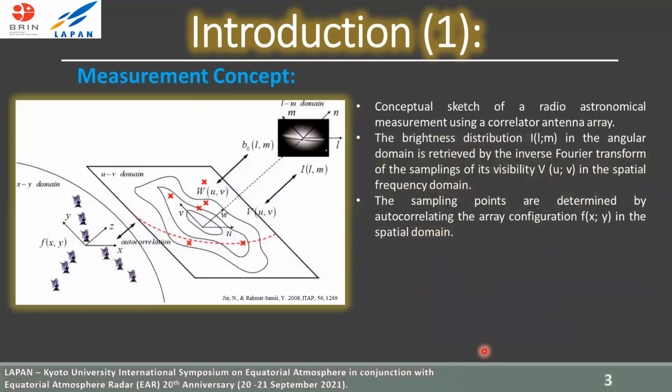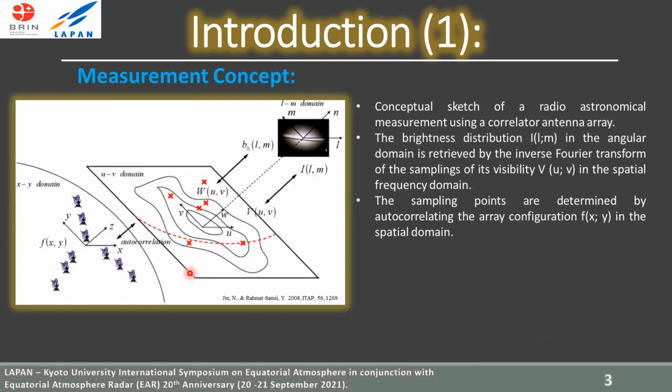Basically, the measurement concept of radio astronomical measurement is drawn in the left figure. From this figure, the concept sketch of radio astronomical measurement using a correlator antenna. The important thing is that the brightness distribution in the angular domain is retrieved by the inverse Fourier transform of the sampling of its visibility in the spatial frequency domain.